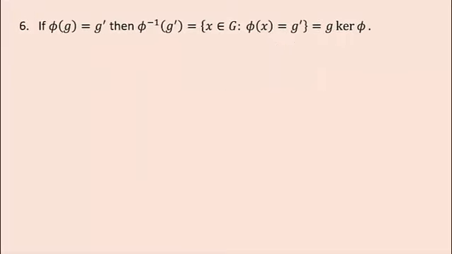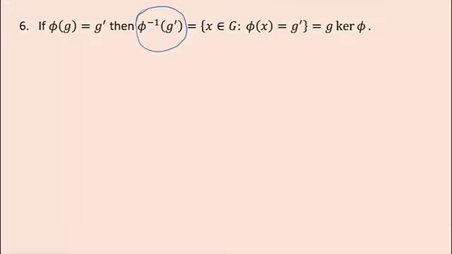Number 6 is a little bit confusing in the notation. We know that phi is a homomorphism from capital G to capital G prime. So it's not necessarily one-to-one, and it doesn't make sense to assume that it has an inverse function. Indeed, this phi inverse that you see here is not talking about phi inverse of an element G prime.